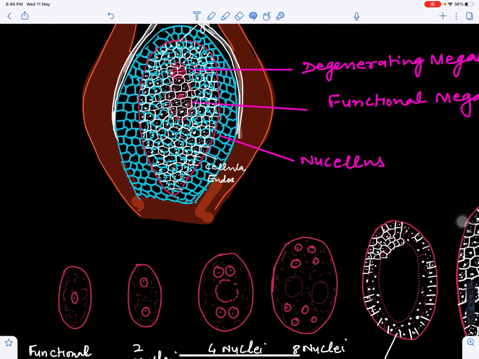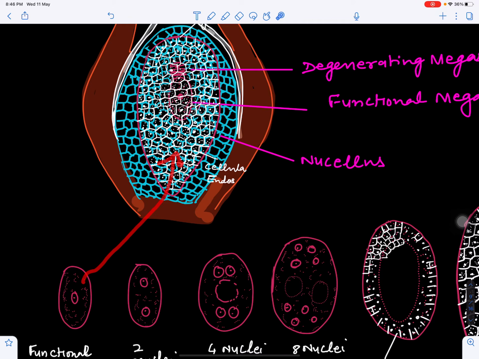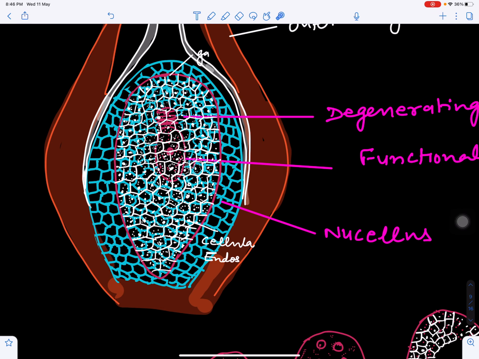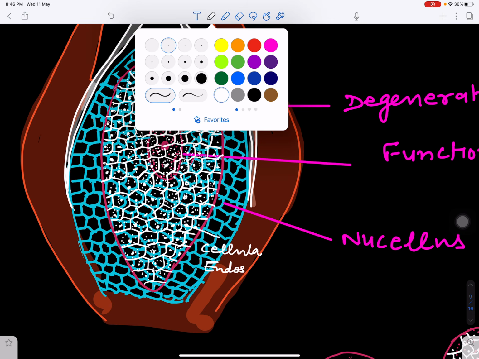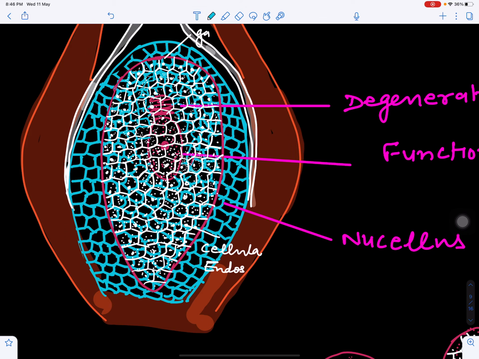This female gametophyte will fill the nucellus part, and this functional megaspore has been converted into this female gametophyte. So ultimately the nucellus will be filled. If I enlarge it further, we can see the nucellus is filled with female gametophyte, and at this point archegonia will develop.